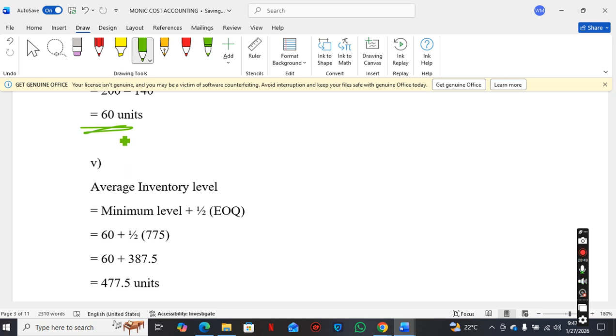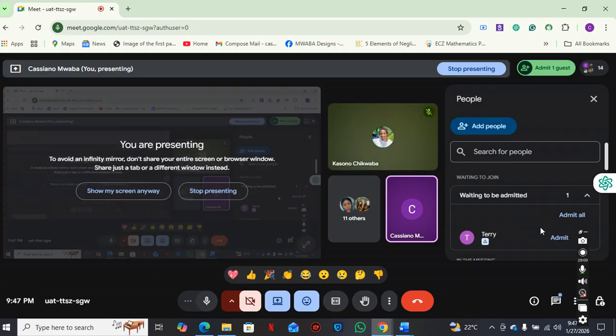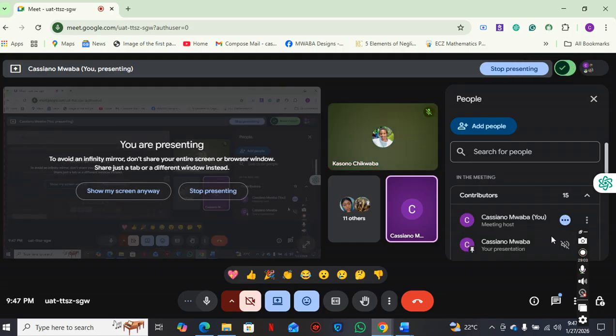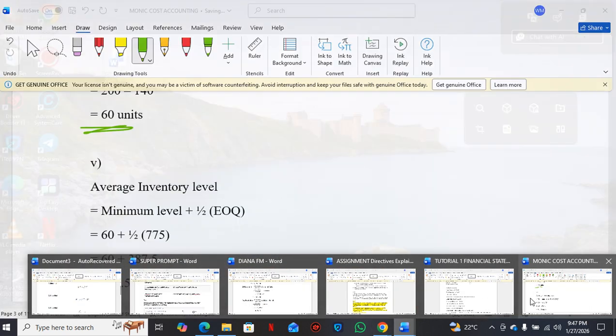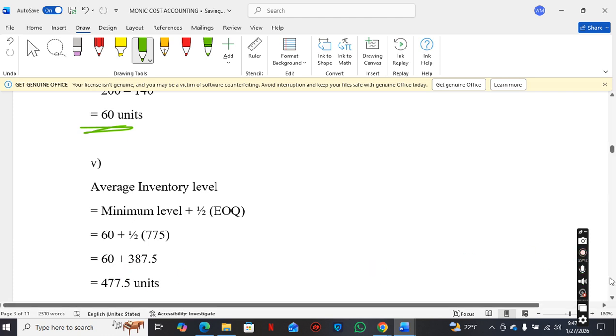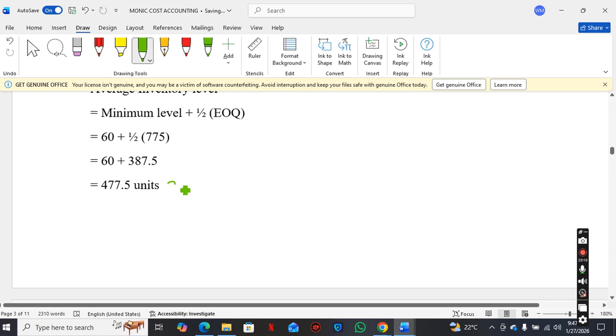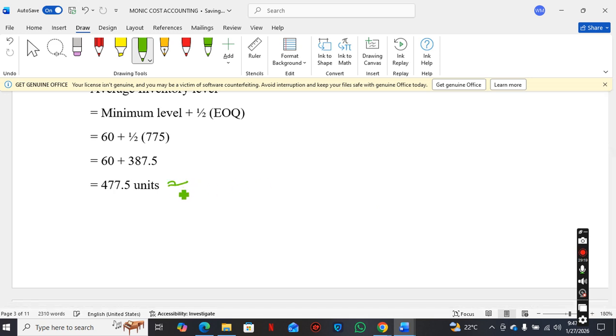So the minimum level 60 units, economic order quantity 775, half of 775, 387.5. 60 plus this, 477.5, which we round off to 476 units.